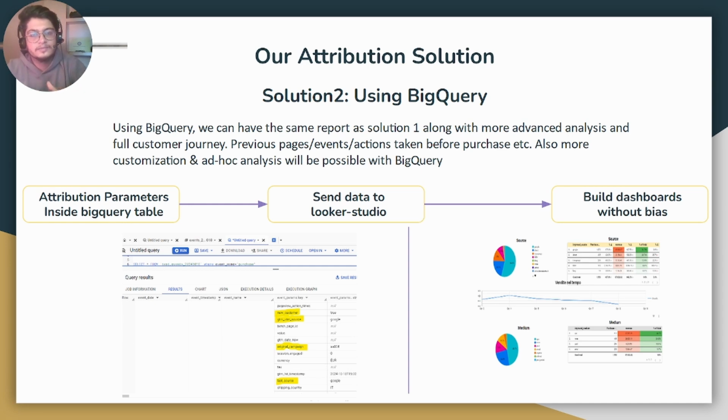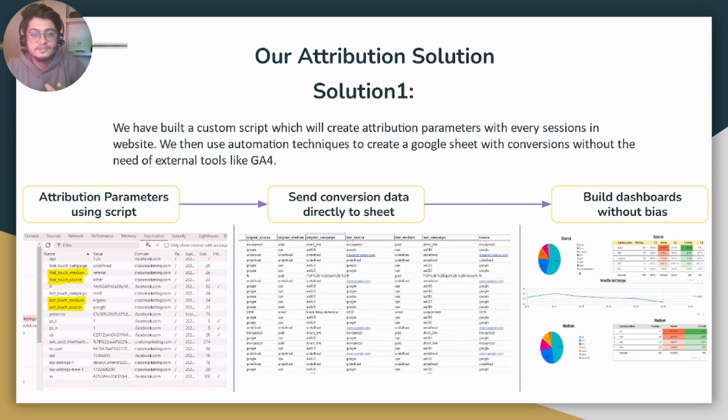But we can create an intermediate level attribution model, not simple, without using BigQuery, only using Google Tag Manager, using this technique where we send custom attribution parameters using cookies, then extract those attribution parameters and put them inside Google Sheet and attach them to a conversion event with transaction ID and value.